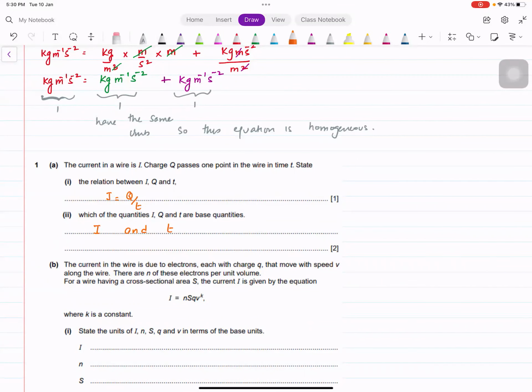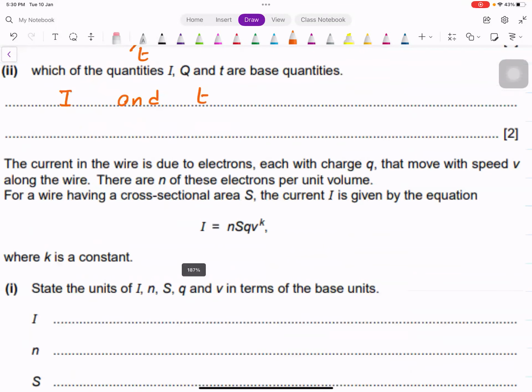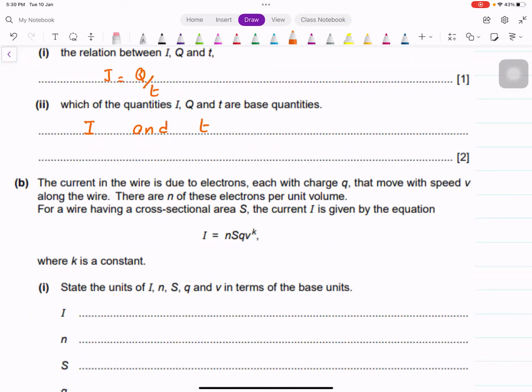Now, it says that the current in the wire is due to electrons, each with charge u, moving with speed v.